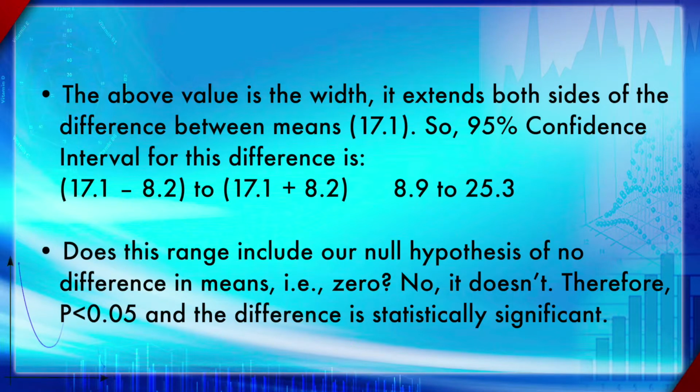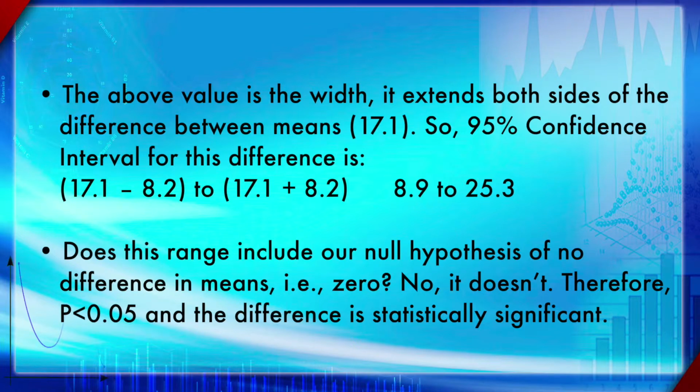Now the question is, does this interval include your null hypothesis? What was your null hypothesis, by the way? It is 0, because the difference between the 2 group means is 0. Group mean 1 is equal to group mean 2. So does this range include 0? It doesn't, right? 8.9 to 25.3 does not include 0.